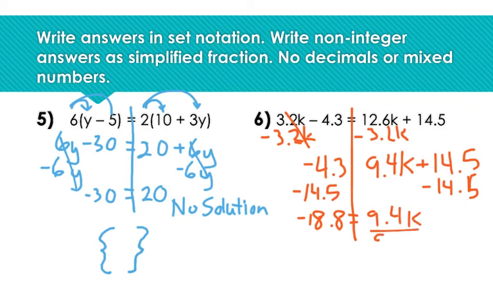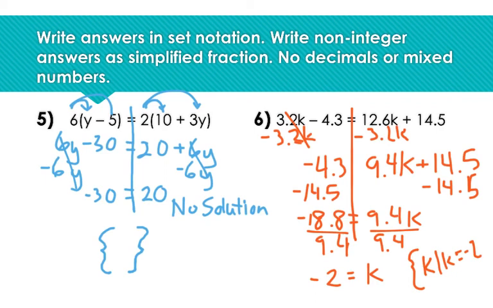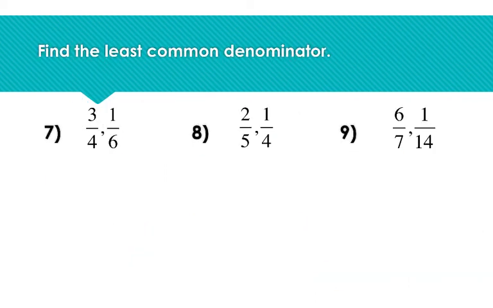And then we can divide by 9.4 to get k by itself, or isolated. And we end up with negative 2 is equal to k. So writing it in set notation, the set k such that k equals negative 2, and then we close with our brace. Okay, for these last 3 problems, we want to find the least common denominator.